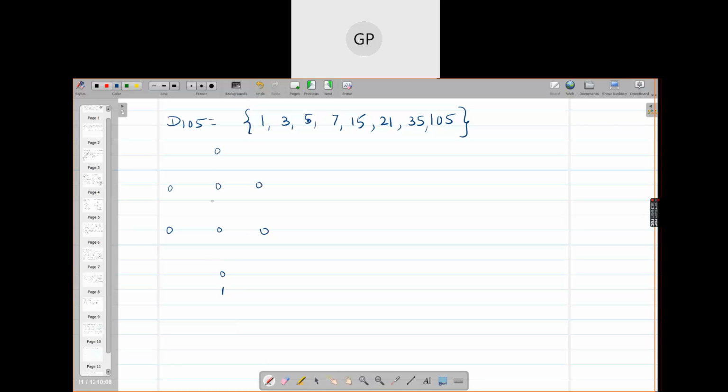I will draw a cube. 1 at the bottom will be there. Tell me, 1 is covered by which elements? 3, 5, 7. Correct. And 3, 5, 7 are non-comparable. They are at the same level. Then 3 and 5 both are covered by whom?